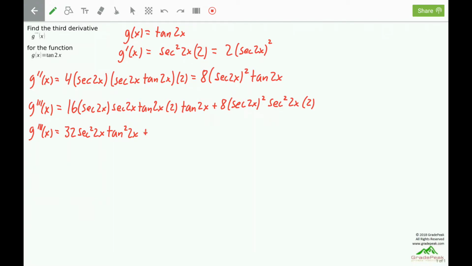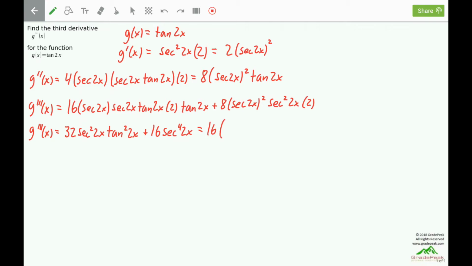And then we have plus, and on our second term we have an 8 and a 2, the constants, 16. And we have a secant squared and another secant squared, secant to the 4th of 2x. So there's a common factor of 16.